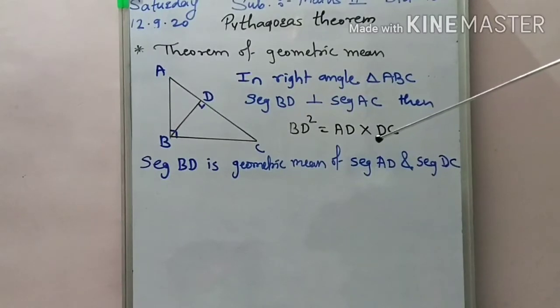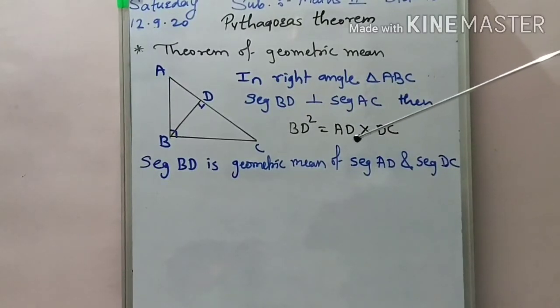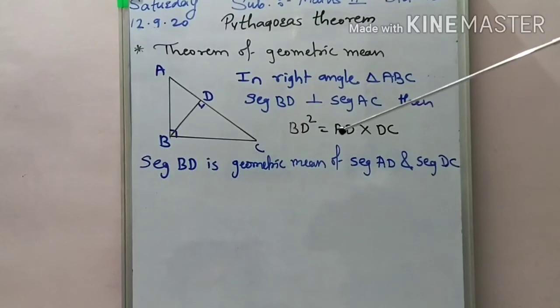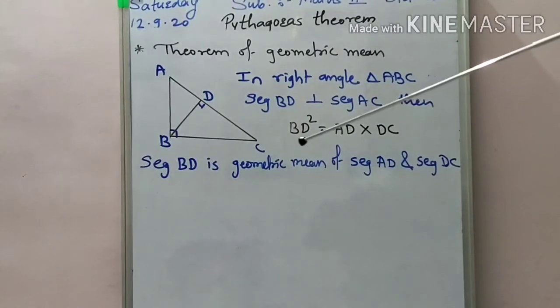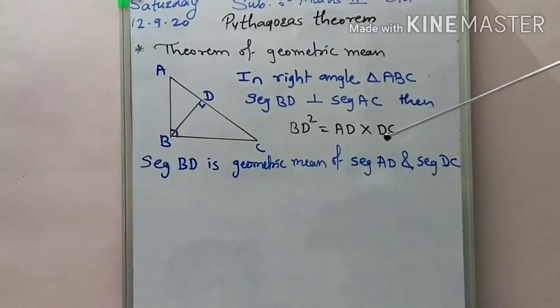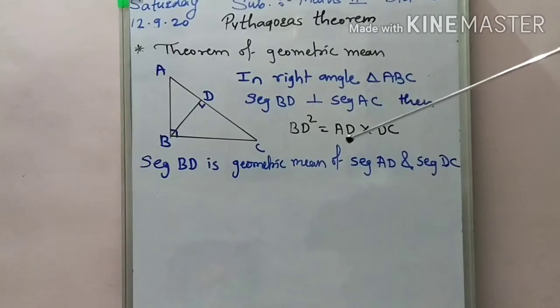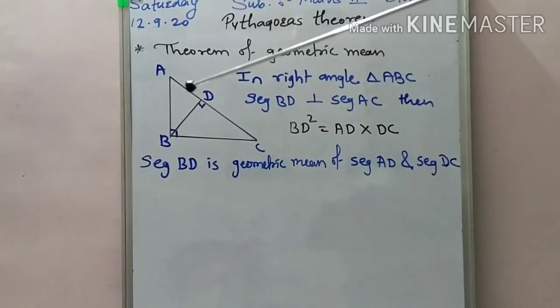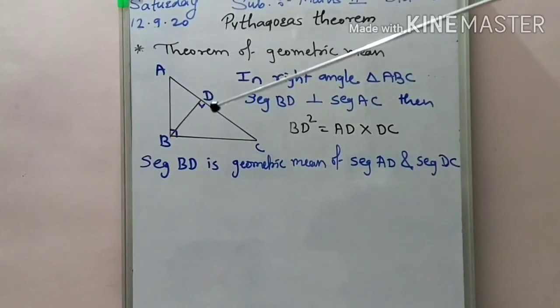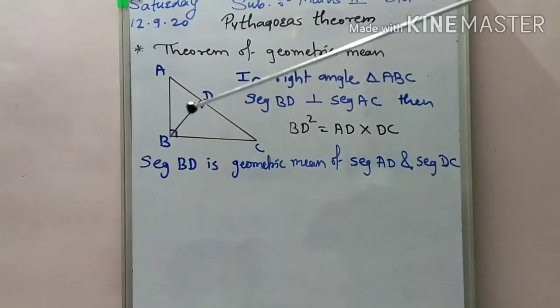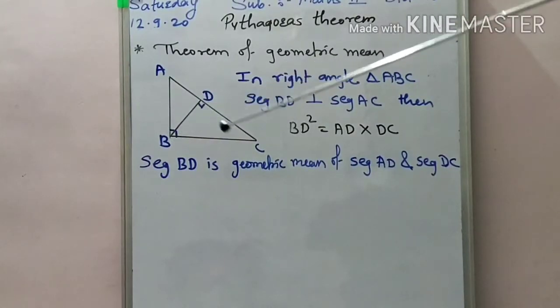Okay, and to prove this, what we do here, students, we form two triangles which have the sides segment BD, segment AD and segment DC. So according to AD as a side, we get this triangle ADB, where BD is also a side of the triangle.